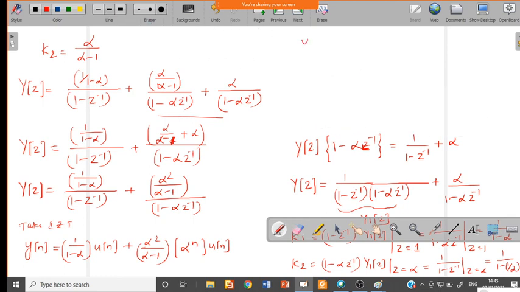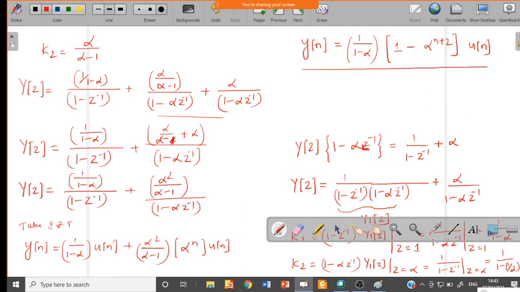So y of n, we can write as 1 over 1 minus alpha taken common, so the second term becomes minus. If you take 1 over 1 minus alpha into u of n common, you will get 1 in the first term, and here 1 minus alpha power n plus 2, combining alpha power n and alpha power 2, into u of n.